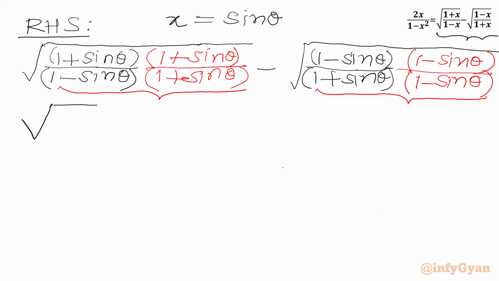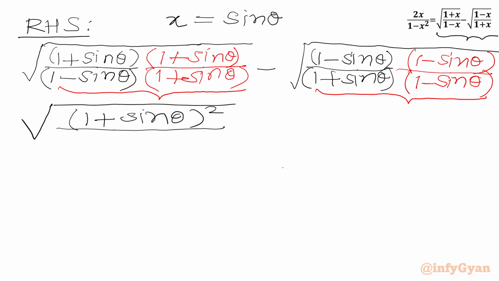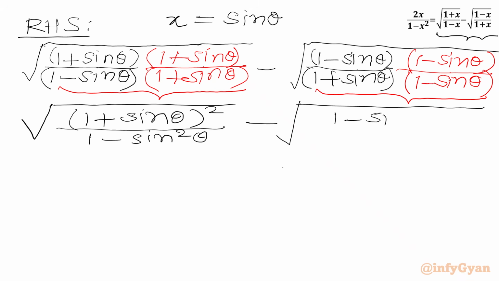The numerator of the first term is 1 plus sine theta whole square, and the denominator is 1 minus sine square theta, minus the square root of 1 minus sine theta whole square in the numerator and 1 minus sine square theta once again in the denominator.